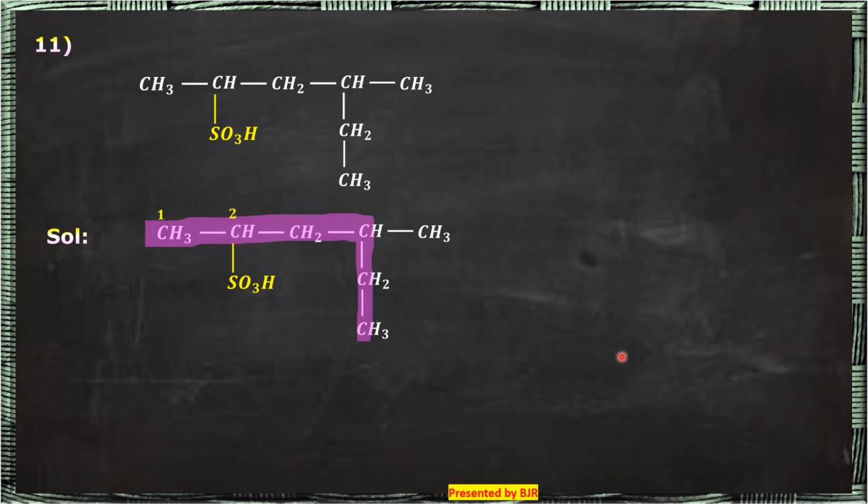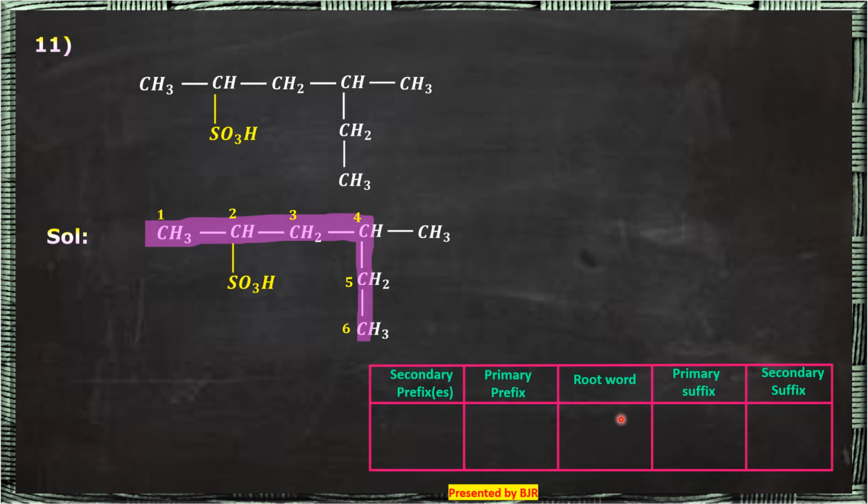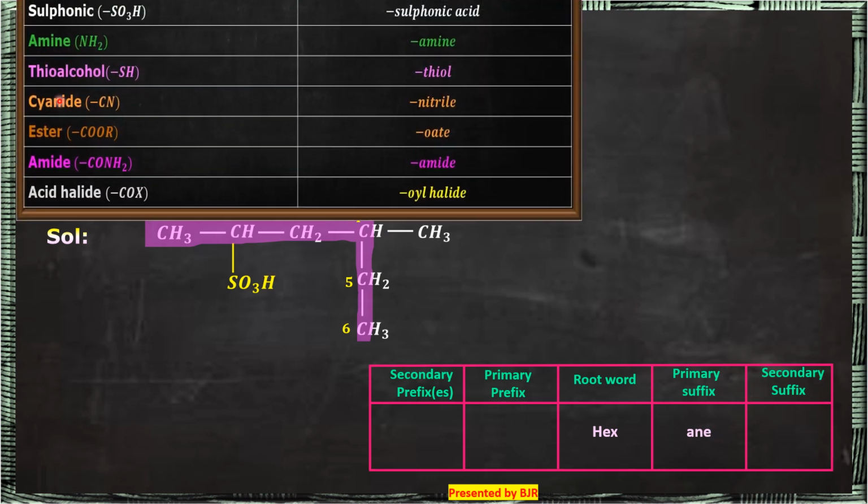For that reason, I am numbering the chain from left to right and down like this. The root word: 6 carbon atoms are there in this parent chain, so the root word is hex. Primary suffix: only single bonds are present in this chain, so the primary suffix is ane. Secondary suffix, you can see here, sulfonic functional group. The secondary suffix is sulfonic acid.